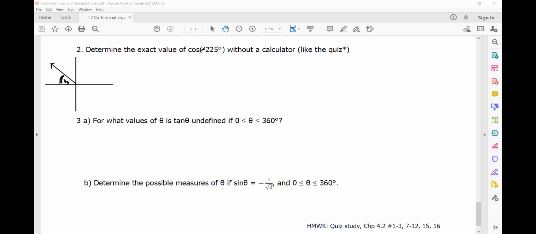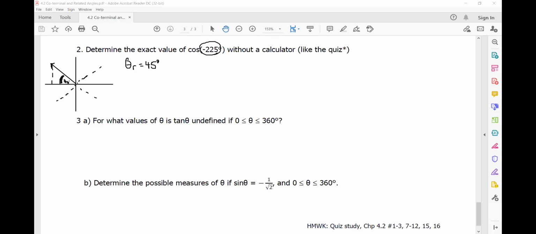So in actuality, this automatically tells you that the reference angle is going to be 45, and I could use that 45 to move anywhere in the quadrant.